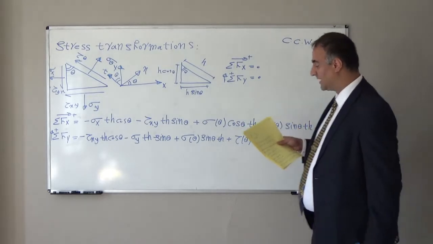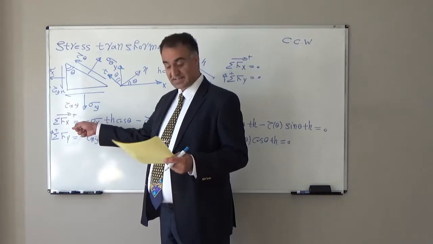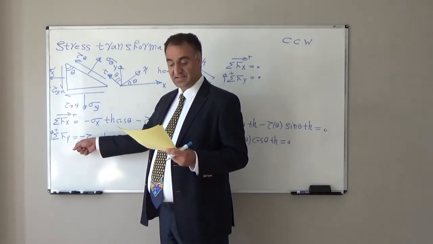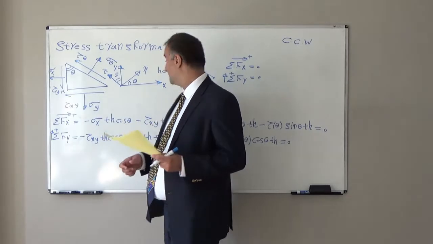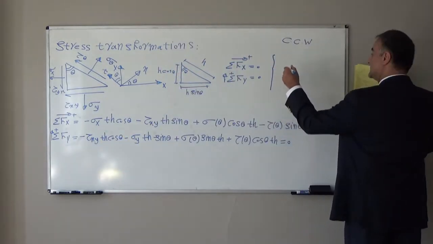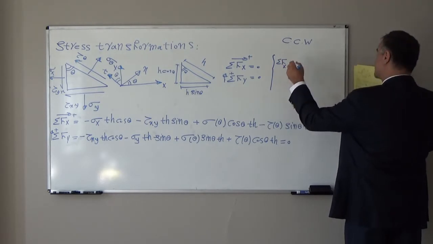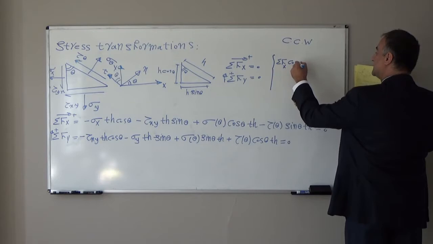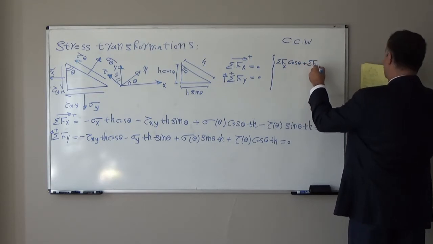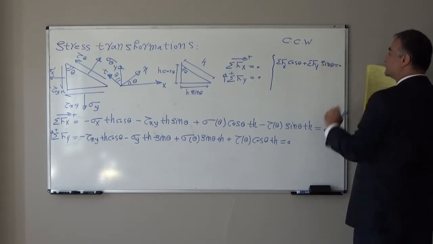If we multiply both sides of summation of forces in the x direction with cosine theta and the y direction with sine theta, and we combine like this, summation of forces in x times cosine theta plus summation of forces in y times sine theta is equal to 0.